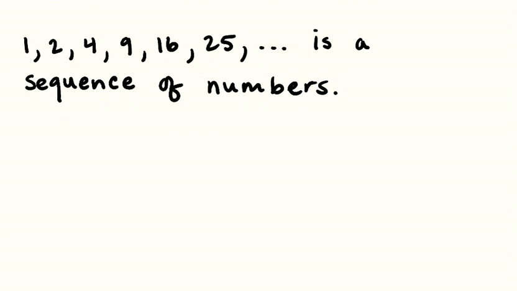So 1, 2, 4, 9, 16, 25 is a sequence of numbers, right? It's really just a function with domain natural numbers rather than real numbers. And so we can write down an expression or a rule for this. What's the deal with 1, 2, 4, 9, 16, and 25? Squaring. Okay, you're squaring 1, you're squaring... Wait.